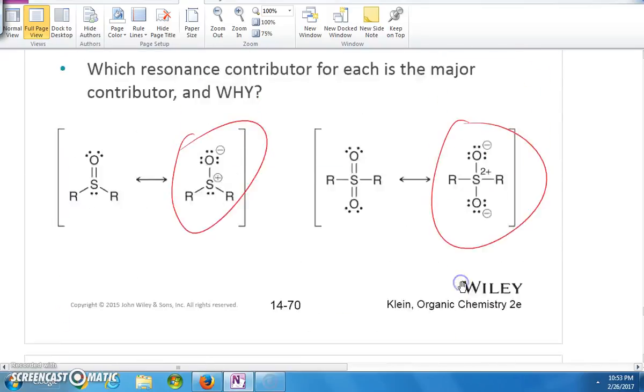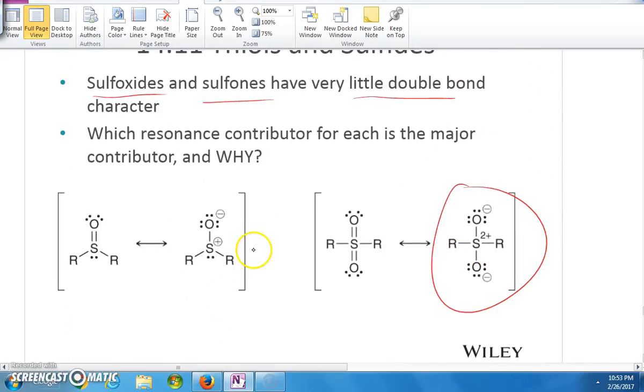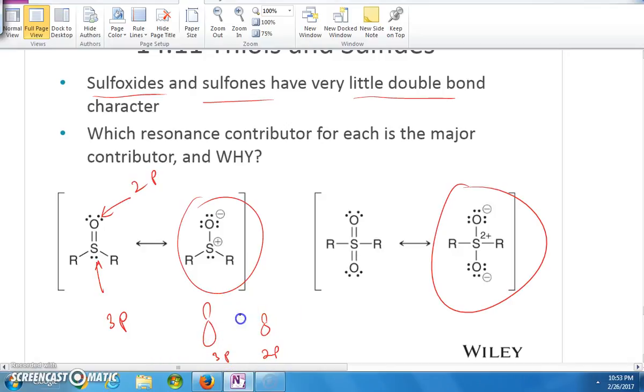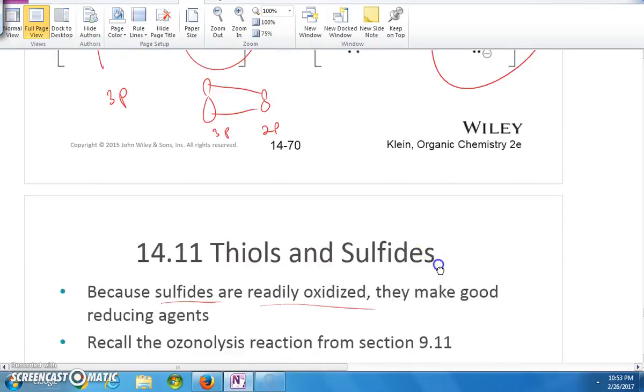So this will be the most significant resonance form, because overlap is almost impossible. Over here you have the 3p orbital, and here you have the 2p. How can a 3p overlap effectively with the 2p? The 2p is smaller, so it won't be able to overlap well.